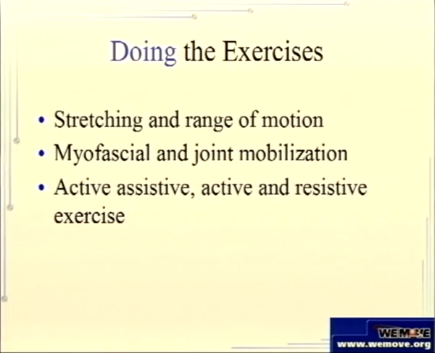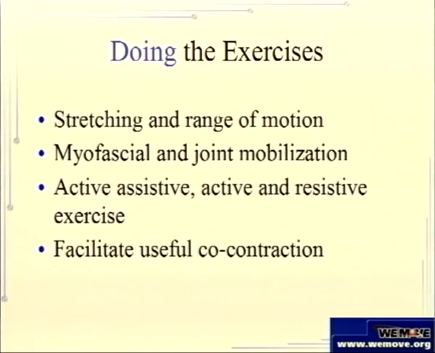Myofascial and joint mobilization techniques are things that therapists are using. This is basically therapeutic massage, but done in very specific ways, and this could be useful to enhance someone's gait pattern, and then using active assistive and active resisted strengthening exercises to get stronger because these muscles are going to be weak.